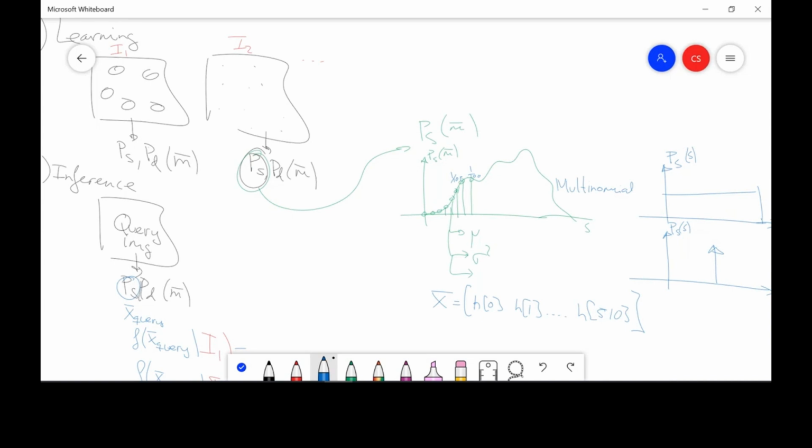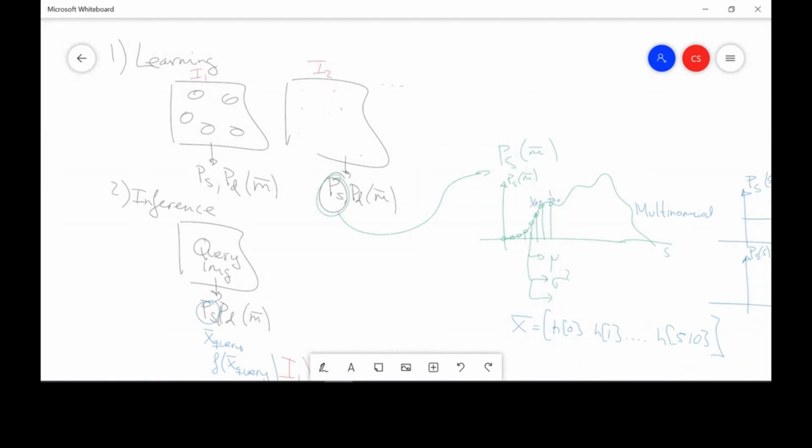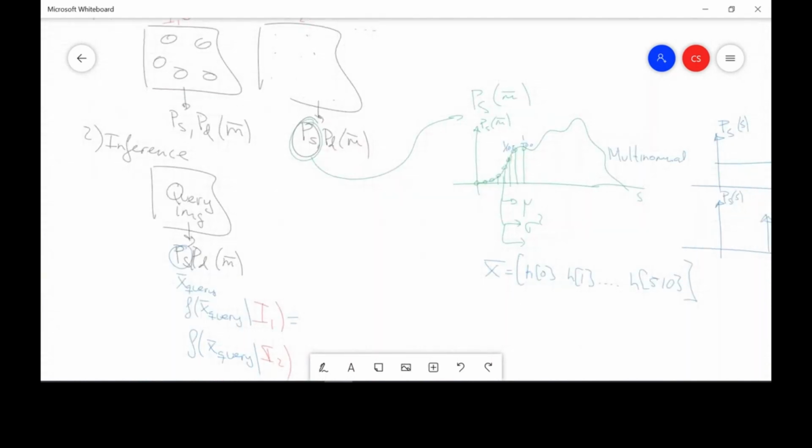So if the probability of getting all these sum values are these ones, this is the equivalent of the coin. What is the probability that if I have a query image, I see this many zeros, this many ones, this many twos, this many whatever, 510. So this is the equivalent problem of throwing coins, but now we are throwing pixels. And each pixel value has this probability.